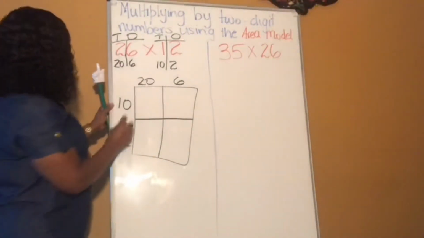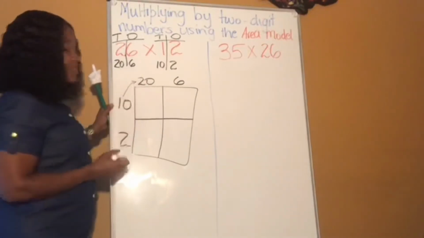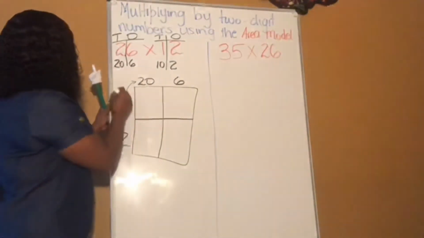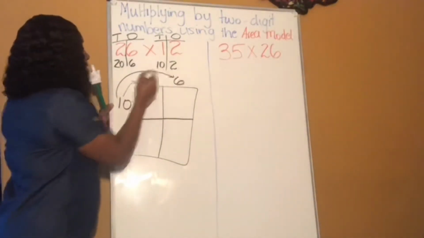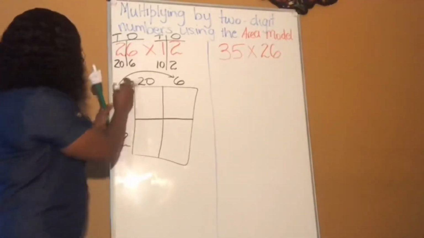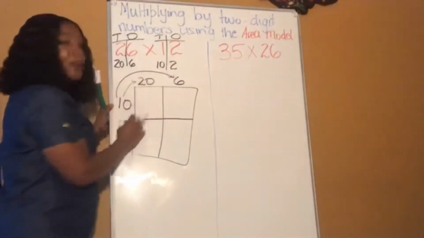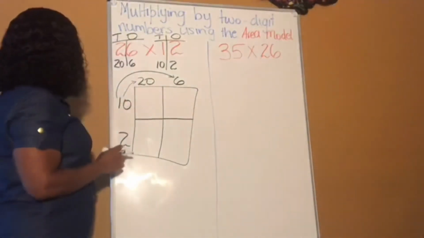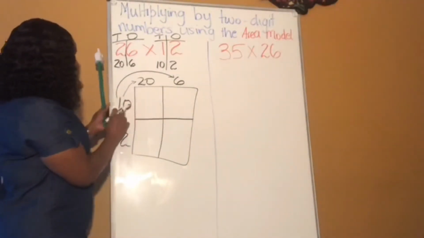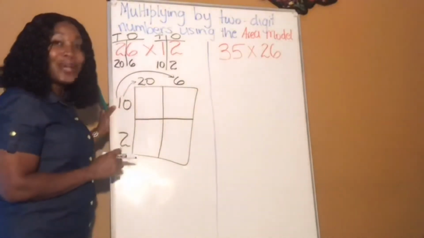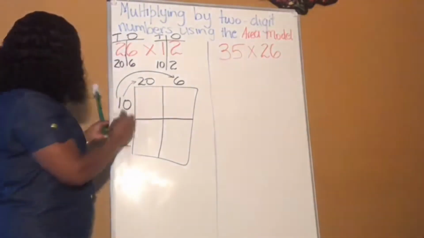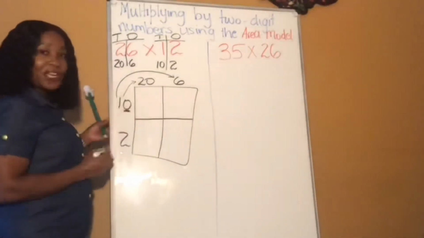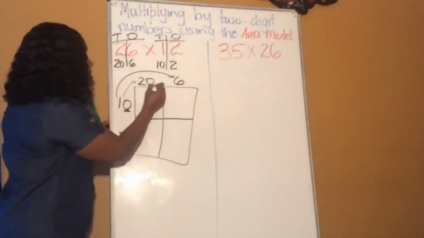Now, the first step is 10 times 20 and then 10 times 6. So we're multiplying the numbers on top by the numbers on the side. So let's go. 10 times 20. How many zeros do you see this time? I see one zero here and I see another zero there.